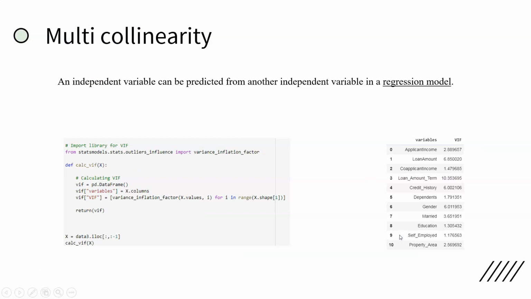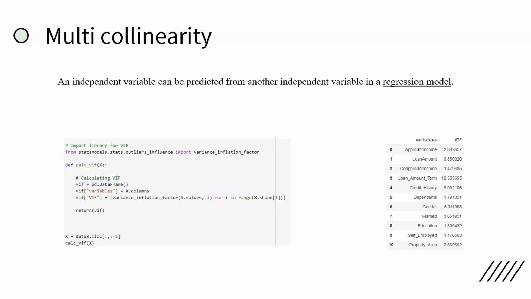A concept related to this is what is known as multicollinearity. Can I predict an independent variable from another independent variable? For example, can I predict the co-applicant income based on the applicant's income itself?